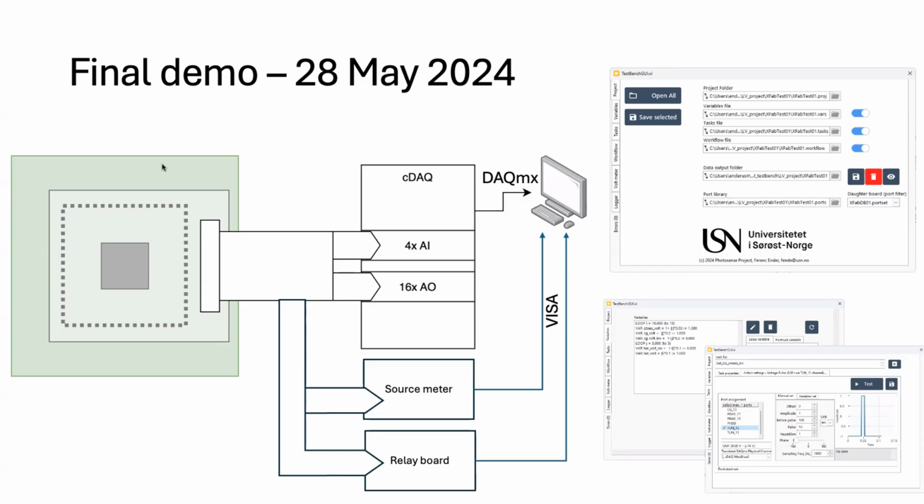We will also prepare it soon for the AMS chip, or sorry, is it TSMC? Alex, is it AMS, right? Yeah. So it will also be prepared for the AMS chip.